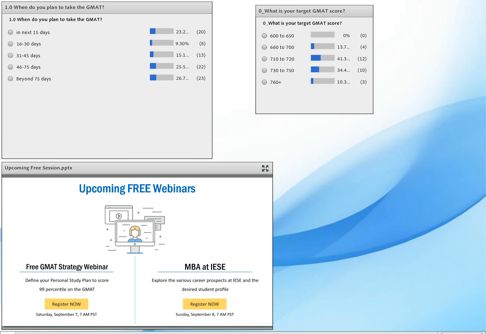Okay, let's get some data. With regards to when people plan to take the test, we have three larger groups: those who have their test in 46 to 75 days, those who have more than 75 days before the GMAT, and those who have their test right away, in about 15 days. And with regards to the target GMAT scores, more than 50% of you are aiming for a score of 730 or higher.